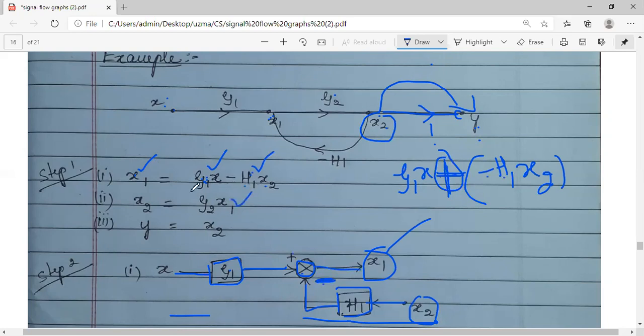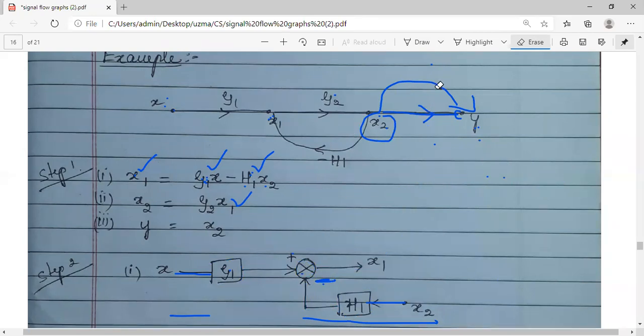Similarly, how will you draw the second equation? A second equation says from x2, sorry, not from x2, x2 is the output. Okay, somewhere here x2 will come. From where it is coming?